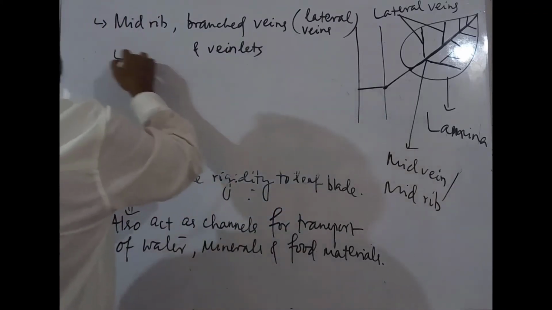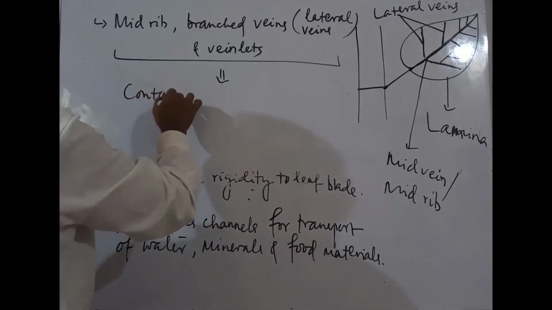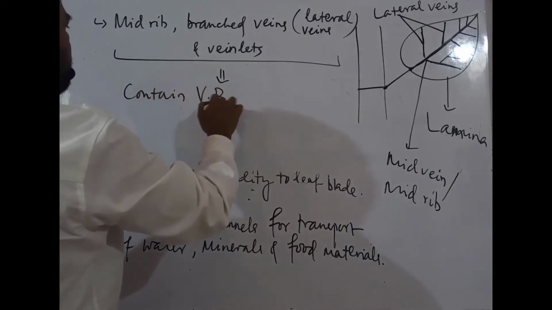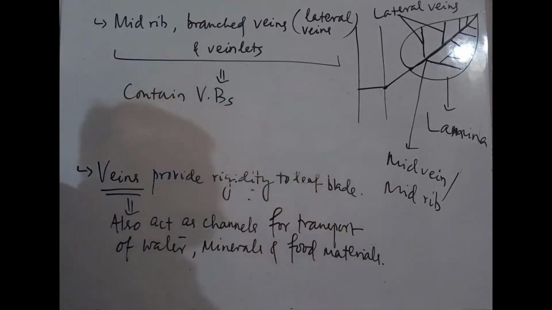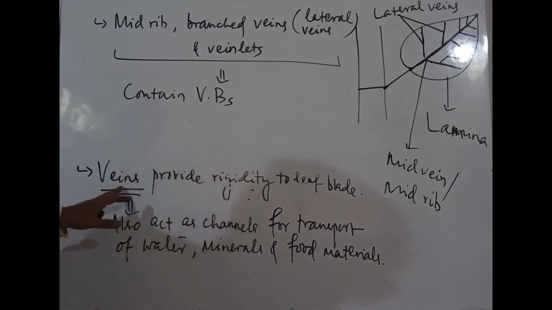These all contain vascular bundles. Vascular bundles को शॉर्ट में हम लिख सकते हैं VBs, vascular bundles. And these create channels, जो कि यहाँ पर जो इंसेट का पॉइंट दिया गया, act as channels. That means these veins act as channels.